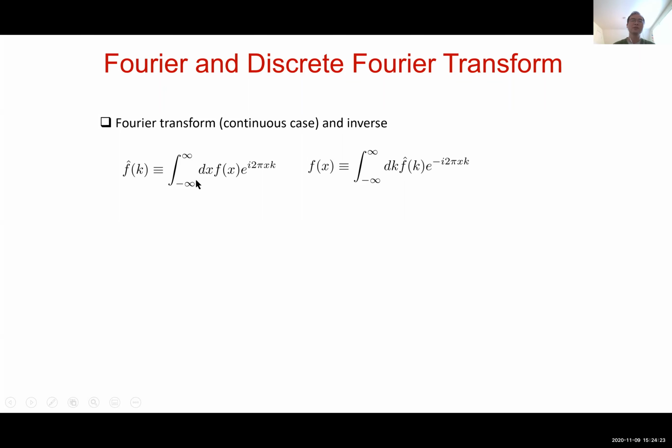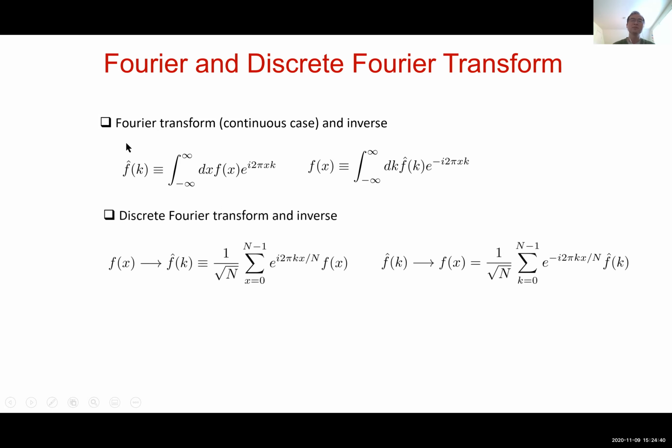If you're a physicist, x is the real space, and k is the momentum or wave number space. There's also an inverse transformation, basically just with a minus sign in the exponent. This is for the continuous case.